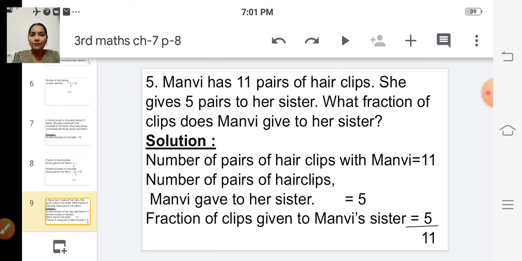The numerator is the number of clips she gave to her sister, and the denominator is the total number of pairs of hair clips. Okay. So the fraction is 5 by 11. Is it clear?